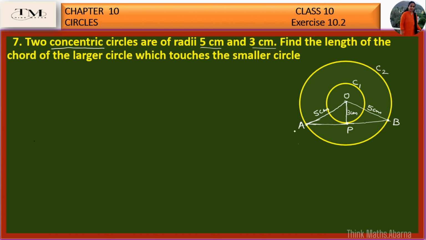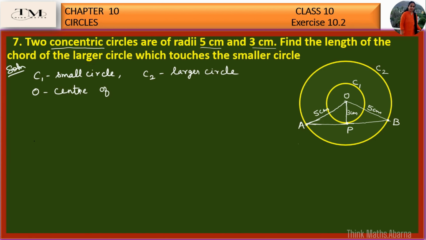Now we have a triangle. Let us write what is given. C1 is the small circle and C2 is the larger circle. O is the center of C1 and C2.